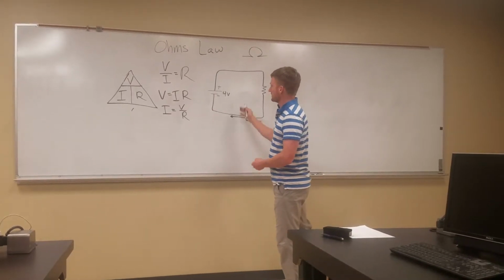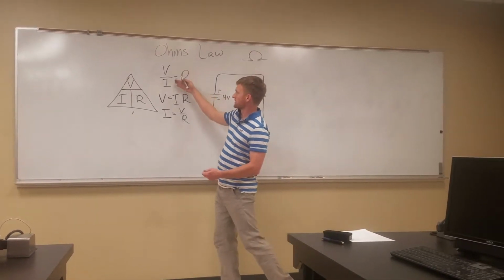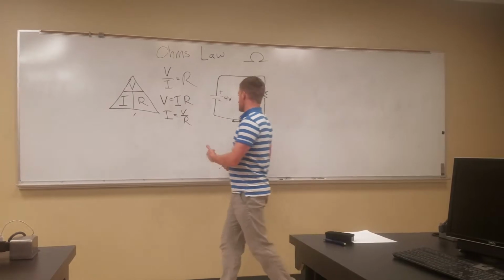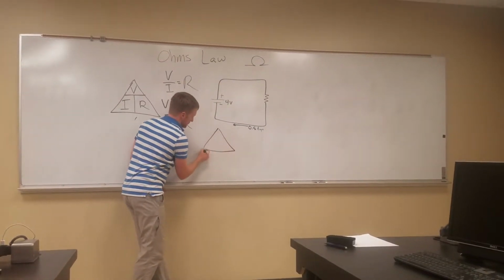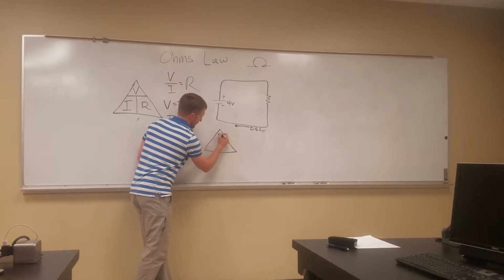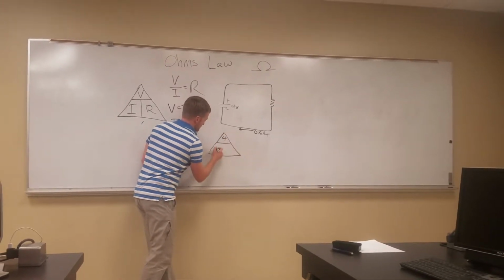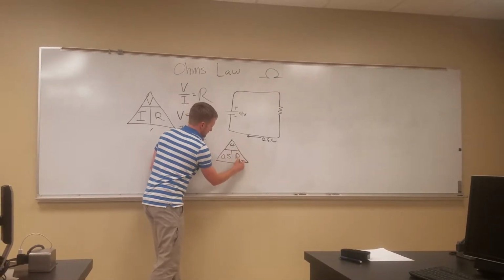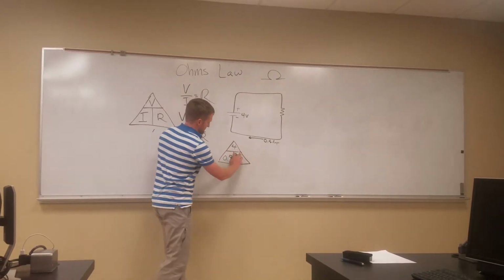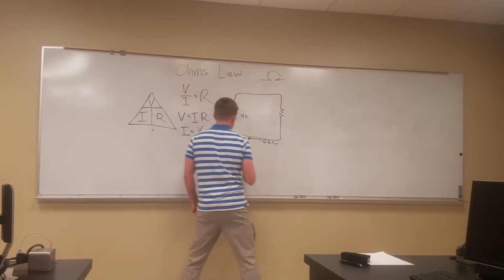Well, we say voltage divided by current is equal to resistance, right? We'll plug it into our triangle here. We have a 4 for voltage, we have a 0.5 for current, and we need resistance. Cover resistance, we get 4 divided by 0.5.